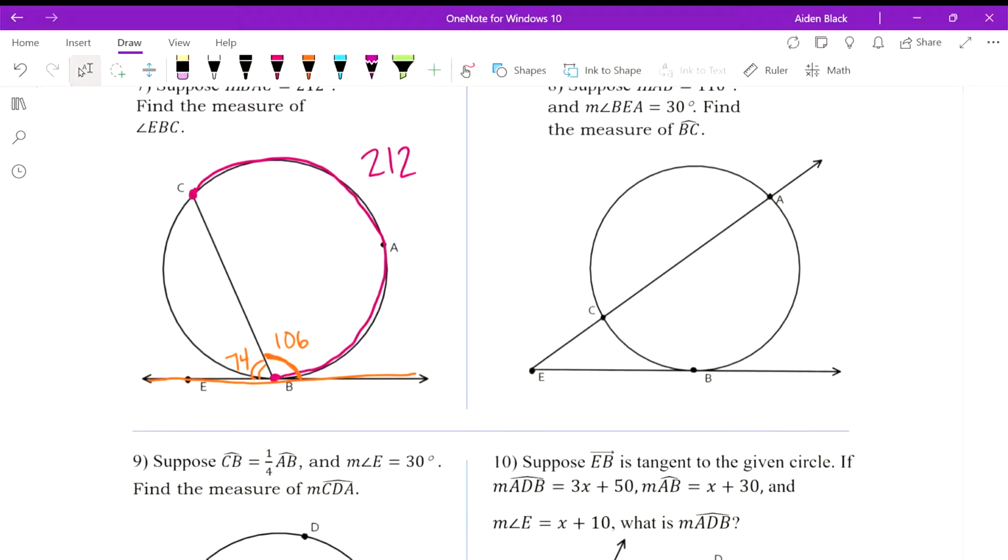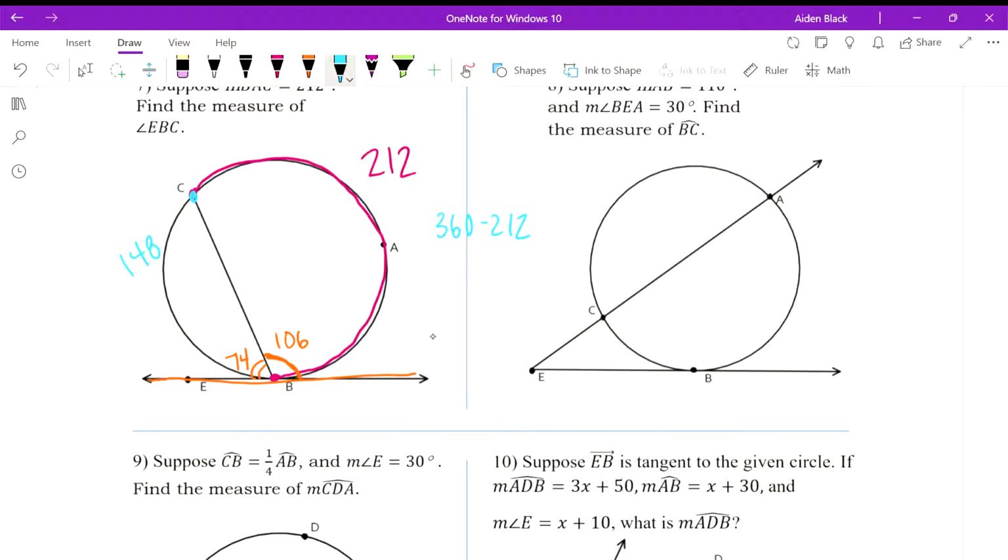Another way you could have gotten this answer is you could have noticed that if BAC is 212, then the remainder of the arc makes 360 with 212. So 360 minus 212 should be, what is that, 148?